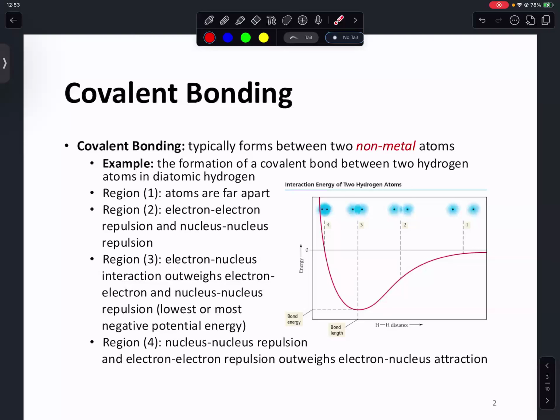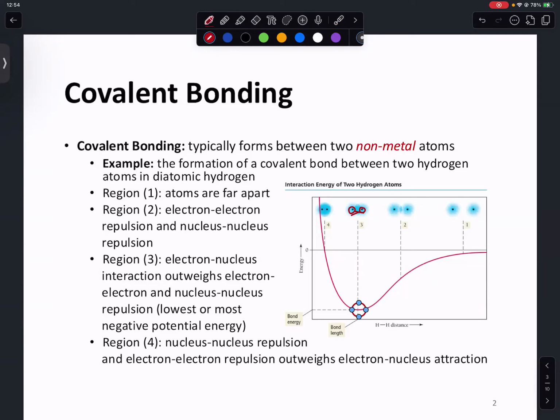The nucleus of one hydrogen atom is attracted to the electron of the opposite hydrogen atom, and vice versa. This is responsible for the formation of the bond. Because this has the lowest energy, it has the lowest, or most negative, potential energy.